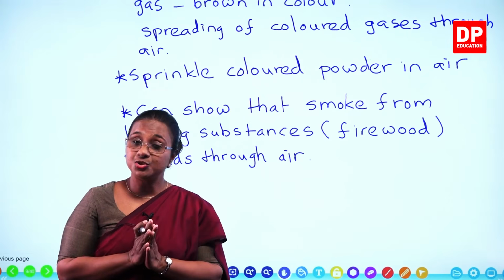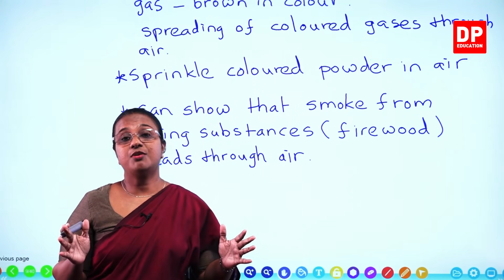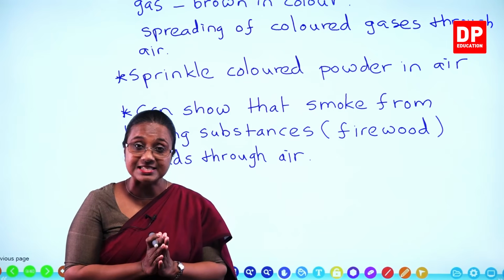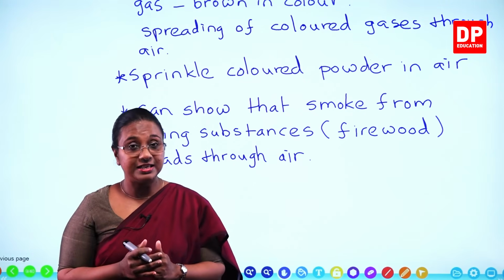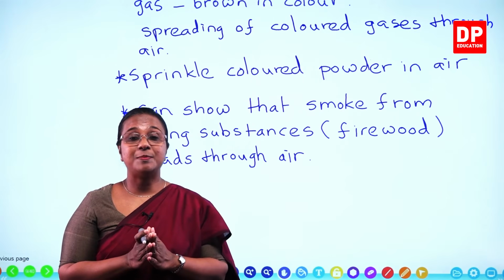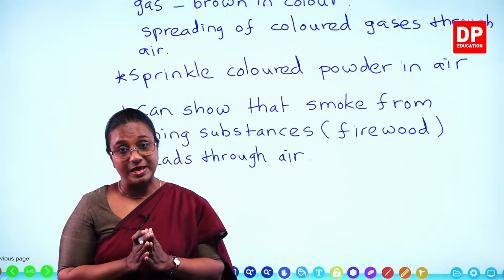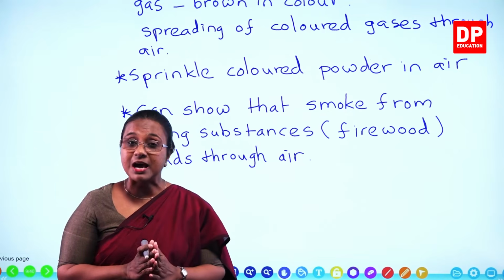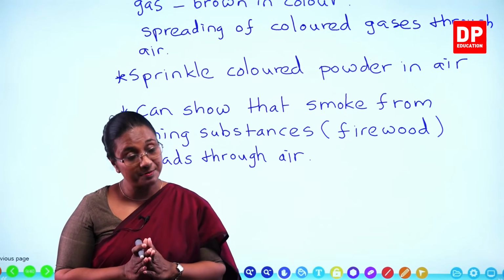All types of matter, solids, liquids and gases, are made up of particles. They are constituent particles, and between those constituent particles there is space. That is what we mean by the discontinuous nature of matter.